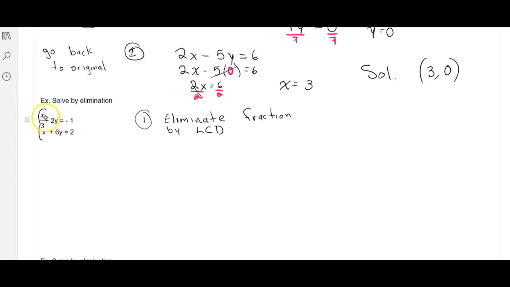And the LCD of the denominators 3, 1, and 1 would be 3. So we're going to multiply the first equation by 3. Let me copy the first equation, and we're going to multiply everything by positive 3. Oh, I'm sorry, I copied this number wrong.